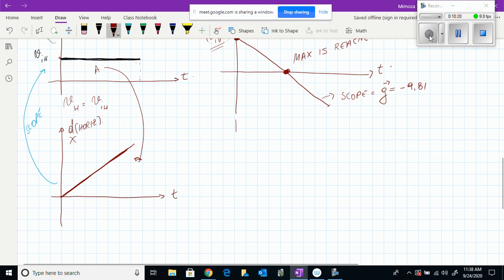And for the displacement on the vertical versus time graph, we will have a maximum that is reached here, and then it is falling down.